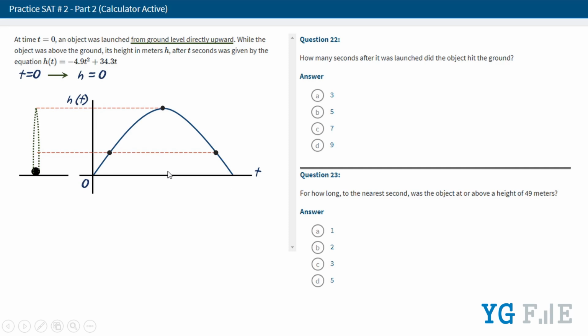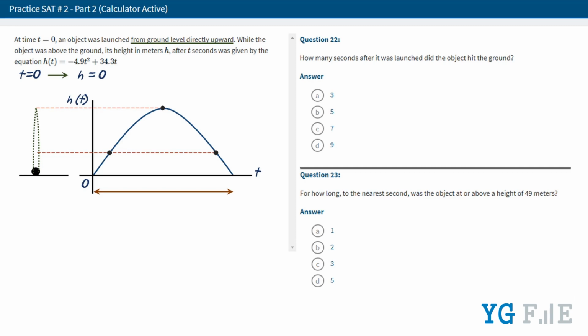The first one is before it was launched, when t equals 0. And the second one is this second value of t that we don't know. The duration, or the answer for the first question, will be the difference between these two values.